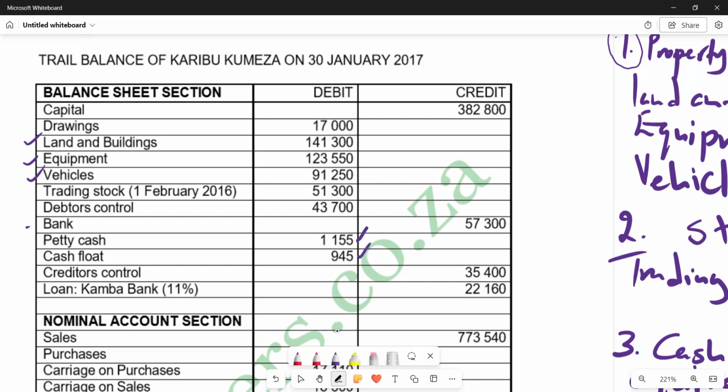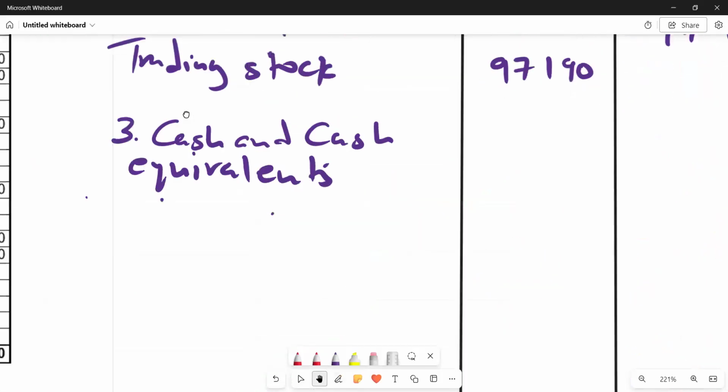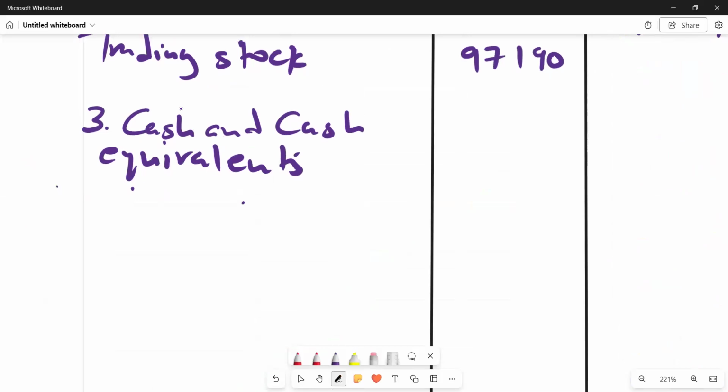Then we have our petty cash, and our petty cash figure is 1,155.